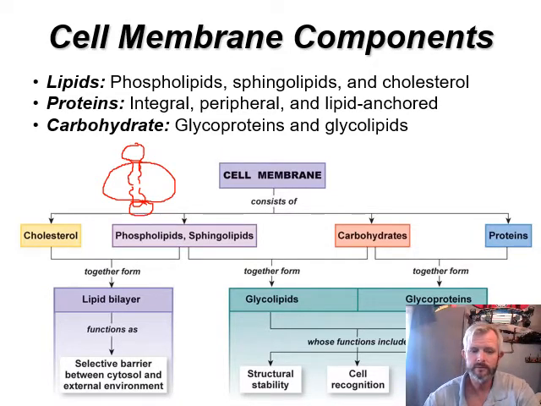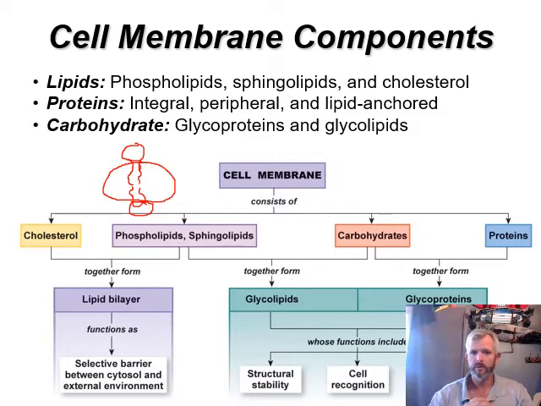Okay, this gives this cell membrane a non-polar characteristic to it. Also found floating in these lipids is cholesterol. There are also carbohydrates and proteins that are embedded in this membrane. But the big draw is the phospholipid.